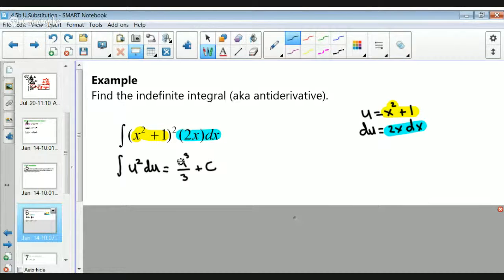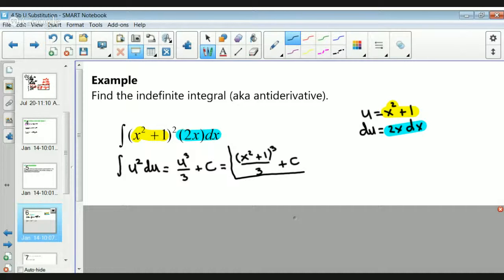Well, that's not a problem now. Now we can just go back and substitute what u was. So u was the quantity x squared plus 1 and I want to cube that over 3 plus c. And that is my final answer.